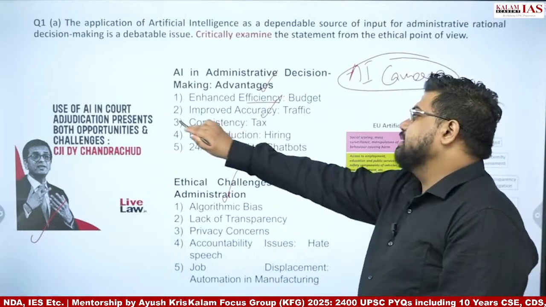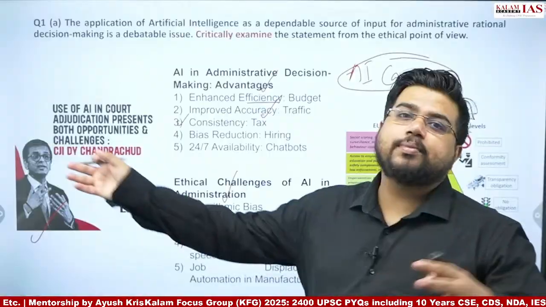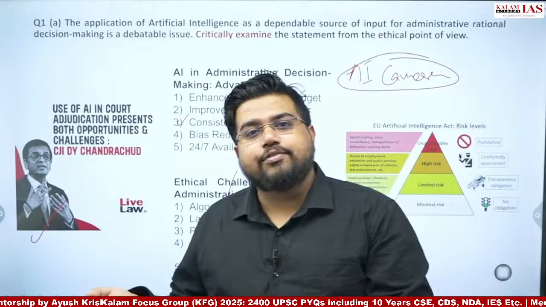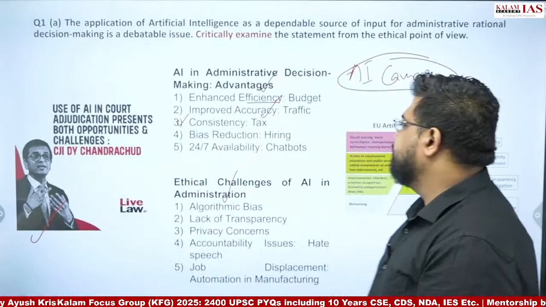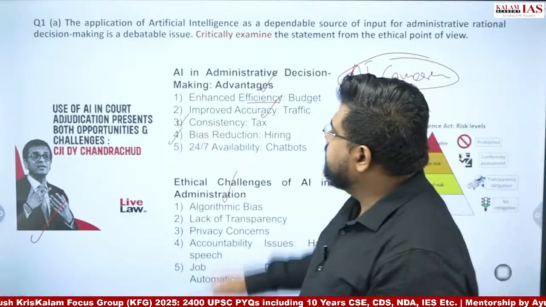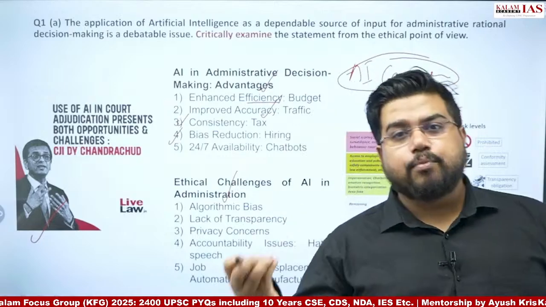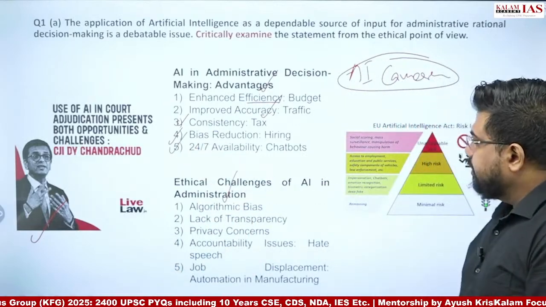Consistency. You cannot employ a policeman 24 hours. It's very difficult to put a policeman at every corner 24 hours. But a camera you can just install and forget it. It will be continuously working around the clock. Bias reduction. That means you are not favoring certain groups or certain political parties. Your decision will be more on the basis of facts and figures. 24 into 7 availability.